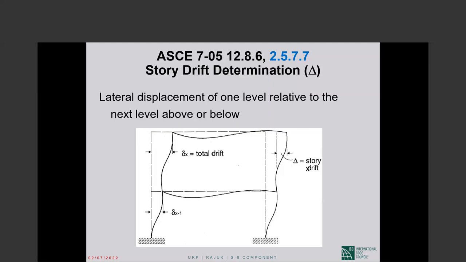Now, there are two exceptions to what I just said. Yes, our codes are life safety codes, but in two situations, we seem to go beyond life safety. One is where we impose a limit on interstory drift. That is more than life safety. We are now trying to prevent damage to non-structural elements or minimize damage to non-structural elements.